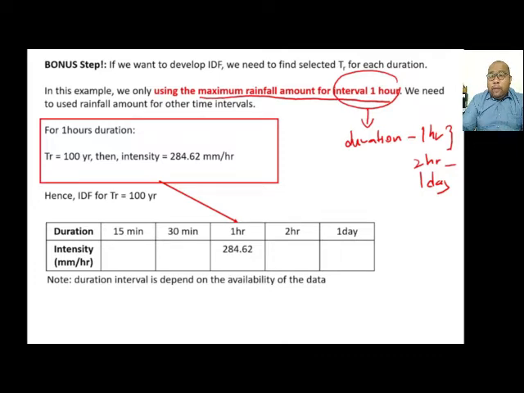For your level, I do not introduce that method to you guys, because it takes time. There is a lot of research that has been conducted on how to disaggregate data, for example from 1 hour to 30 minutes and 15 minutes.